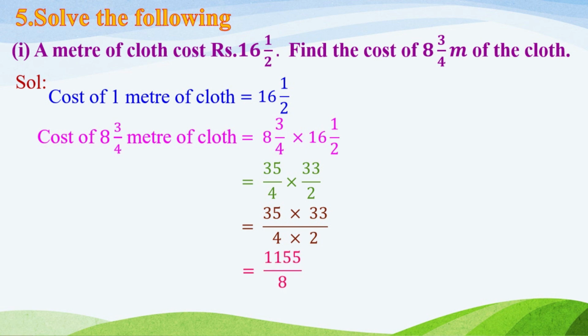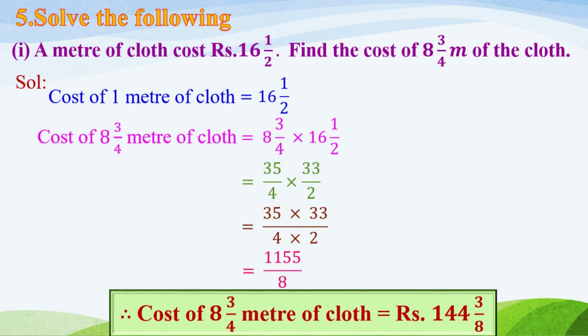Now we have to multiply the values. 35 into 33, we get 1155. 4 2s are 8 by 8. Now we can divide it. 1155 is the dividend. 8 is the divisor. We get the cost of 8 3 by 4 meter of cloth is equal to rupees 144 3 by 8 rupees.